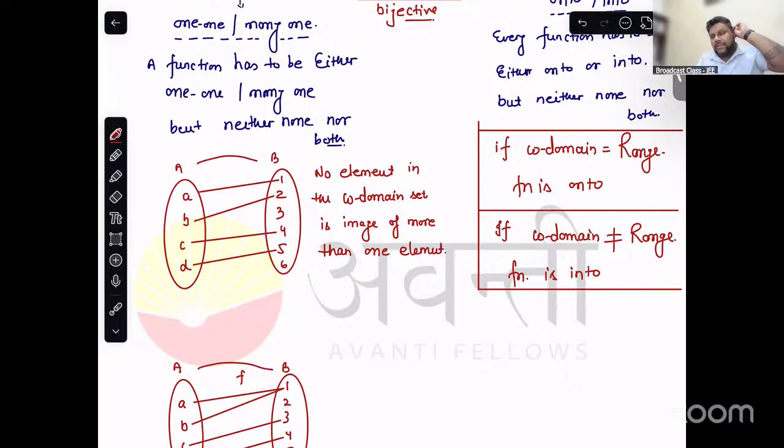Means every element in the codomain set, either it is not the image of any element, or if it is the image of any element, it is the image of only one element.